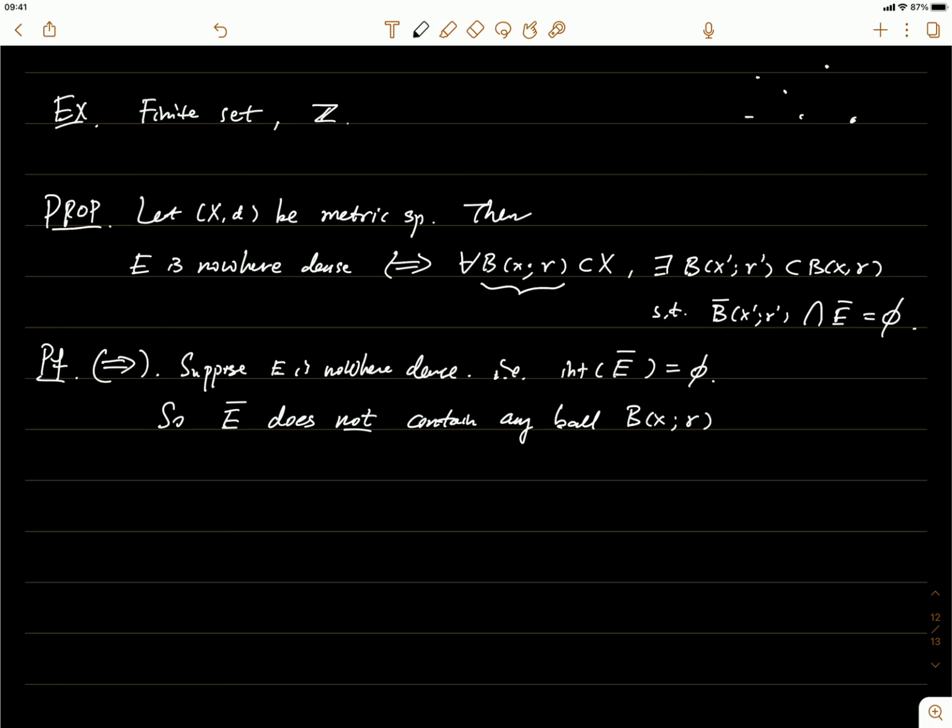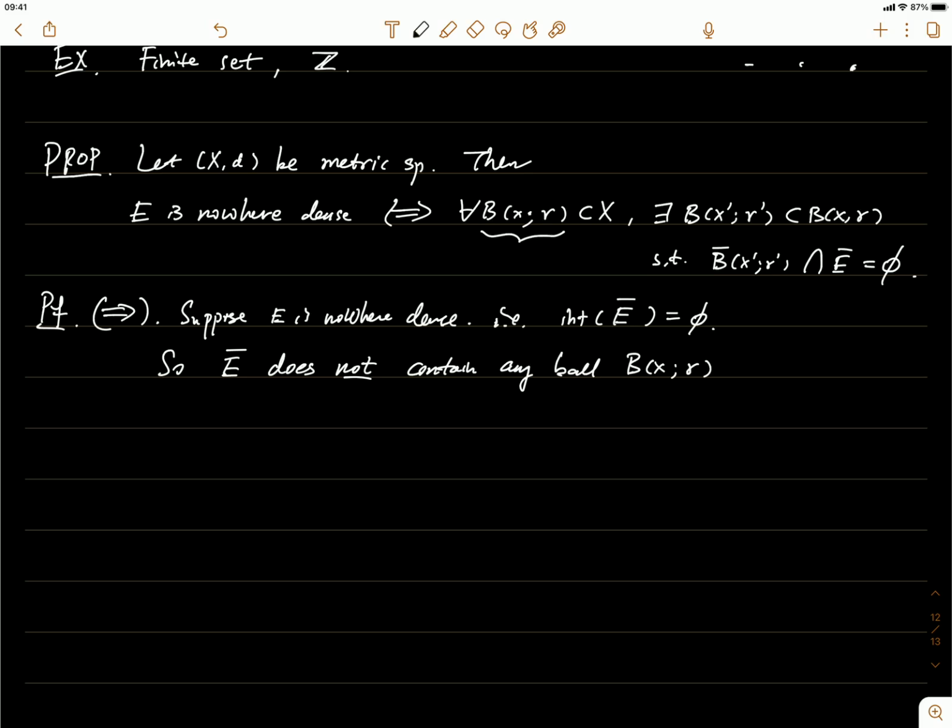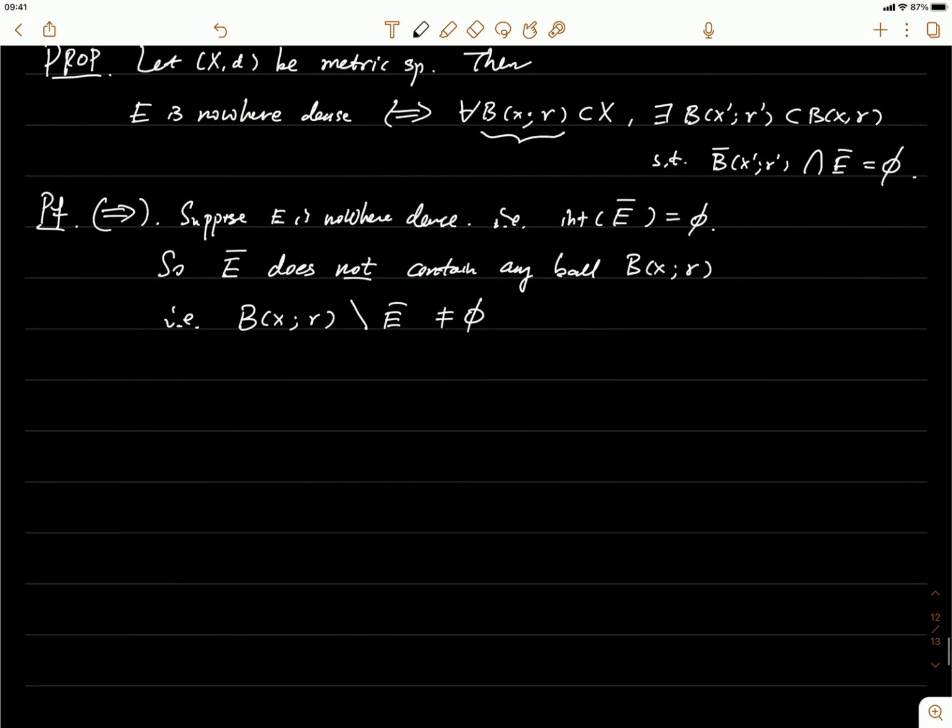So this also means that for any ball like this, there must be something in this ball, but not in the closure of E. This is non-empty. Okay, so this is what we know.